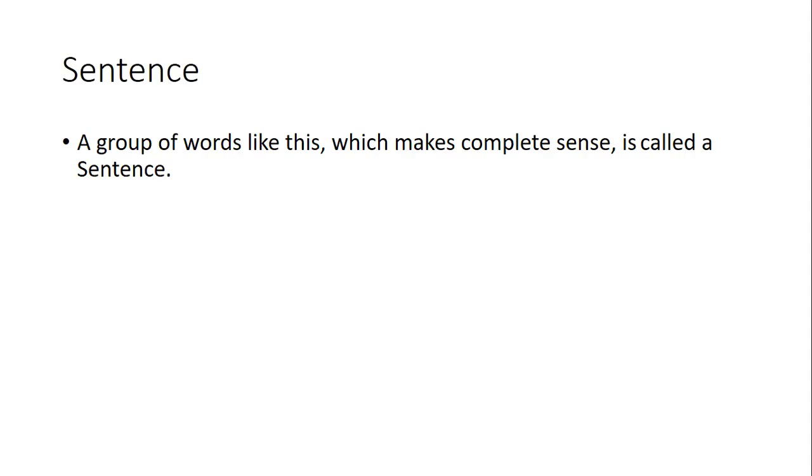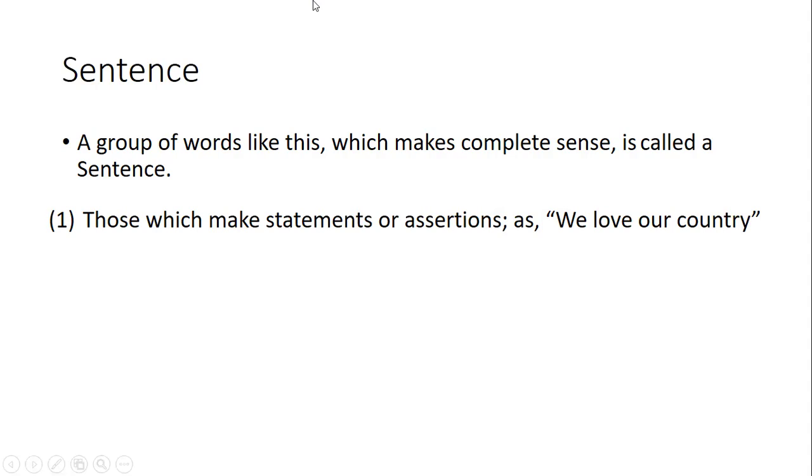Let us go to the first type of sentence, that is assertive sentences. They are also called declarative sentences. So they are either called assertive sentences, or the other name of assertive sentences is declarative sentences. Now, a group of words which gives an assertion, which makes a statement.